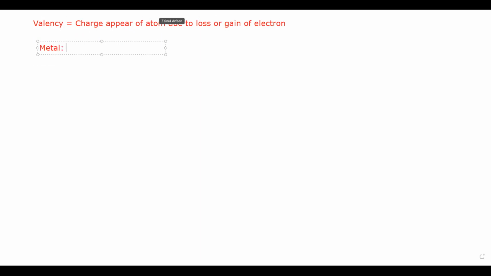they tend to lose electron so the valency is positive, because when something loses electron it will have a positive charge. So metals tend to lose electrons, so their valency is positive.